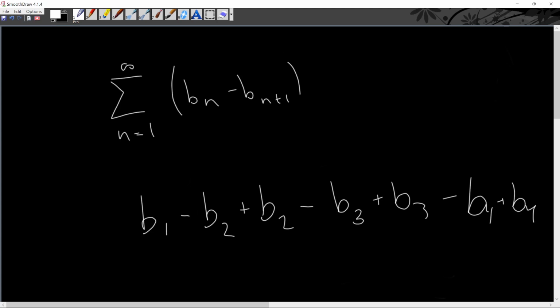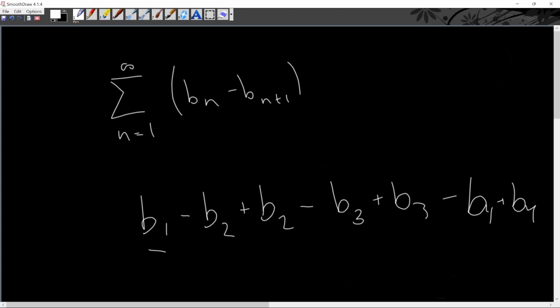If you plug in 1 and then 1 plus 1, you'll get 1 and 2. You plug in 2 and 2 plus 1, you'll get 2 and 3. And as you can probably tell, the only thing that has not been canceled out so far is the first term. And this is the second type of series that we will actually be able to solve. It's probably the easiest one to conceptually see.